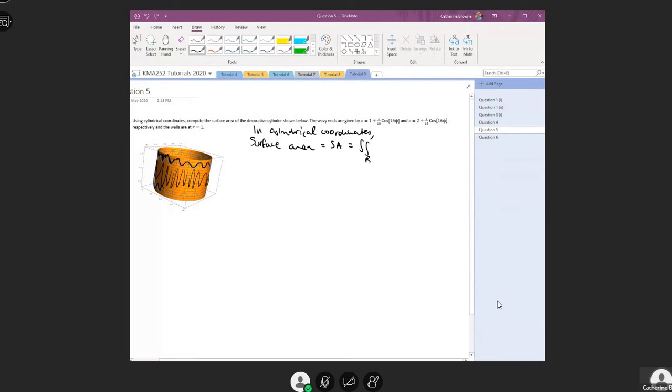So we're going to double integrate over that region, and the region is given by, so this is just regular cylindrical coordinates, and then I'll give the conditions that are applied in this case.